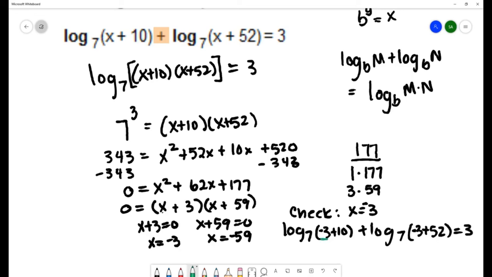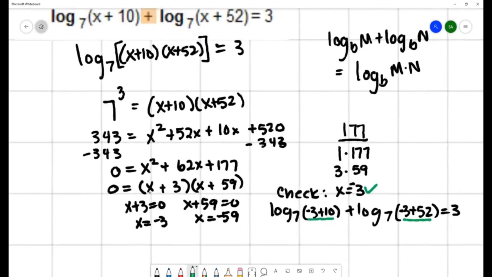And negative 3 plus 10 would give me a positive 7. And negative 3 plus 52 would give me a positive 49. And so I'm going to be able to keep that solution since it's in the domain of the log.